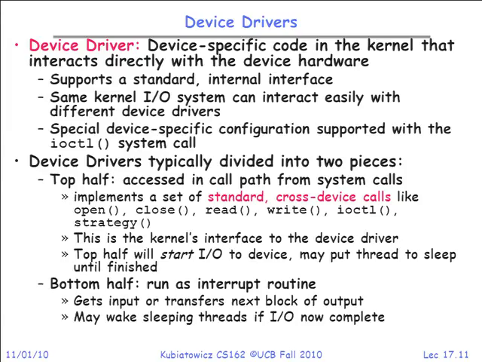Because you still need to protect the device from the user, or you've got to copy arguments from user space to kernel space. I mean, there's that kind of protected interface part of what system calls do. And if you give direct access to user code to change things about the device, how do you know they won't change something about the device that violates security or something like that?